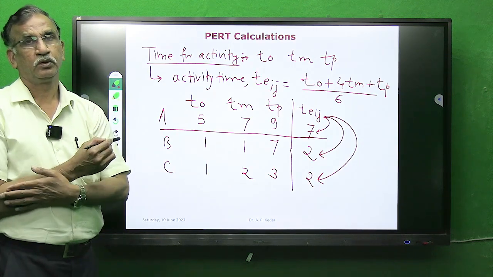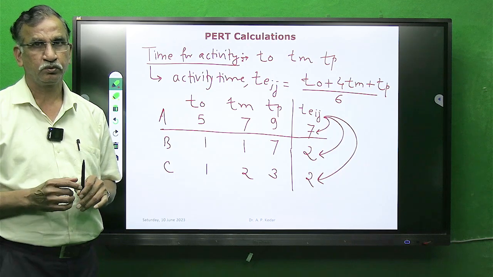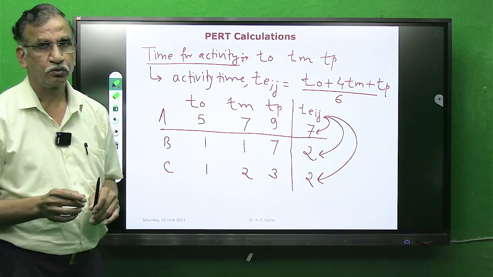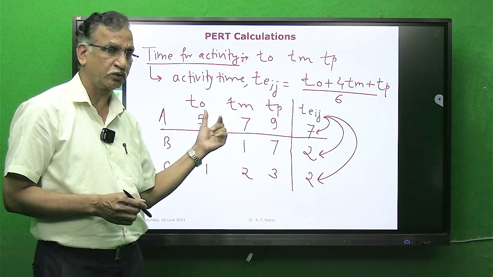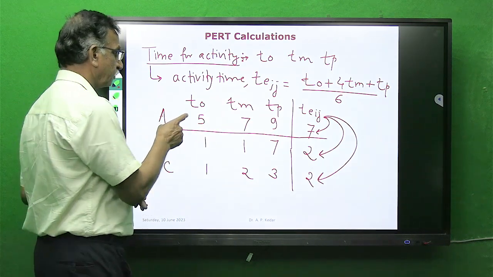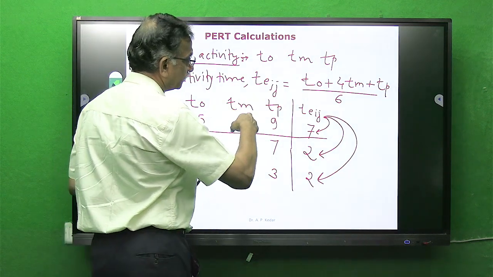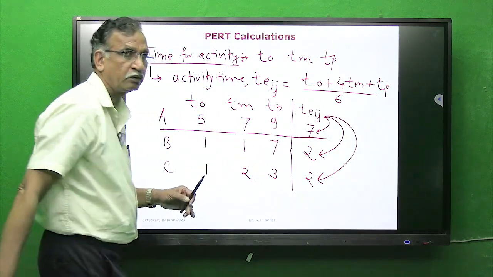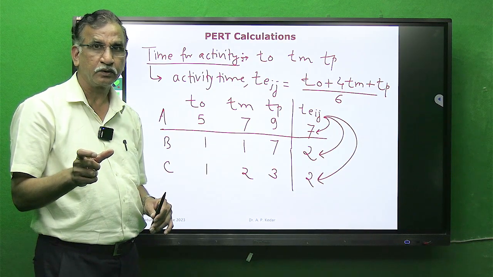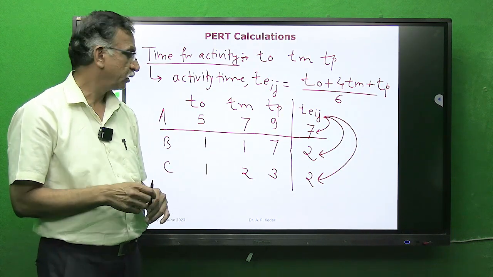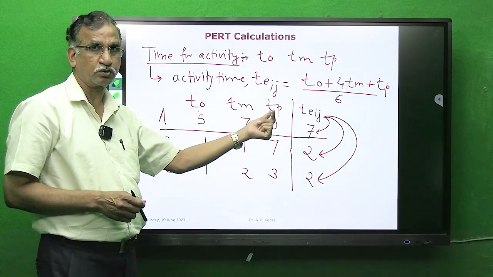Now in exam, what the paper setter can do to twist the problem, he may change the sequence of this time. Instead of putting this TM in between, where we are supposed to multiply TM by 4, he may play some trick by putting TM either first or in last column.